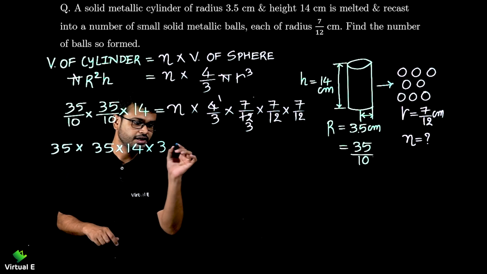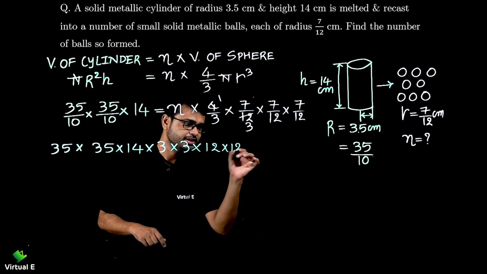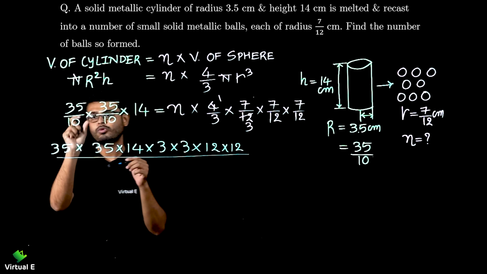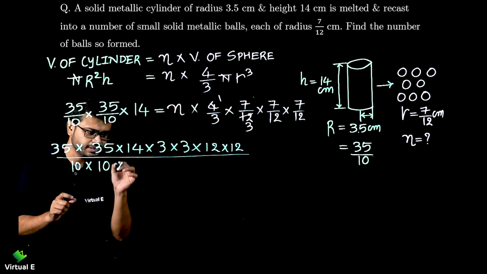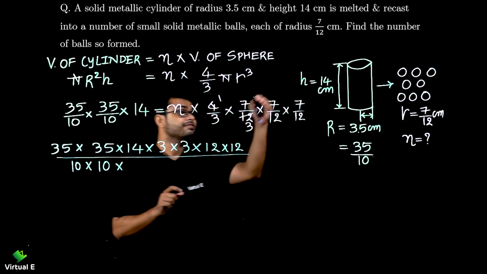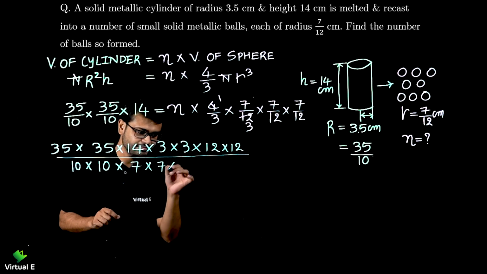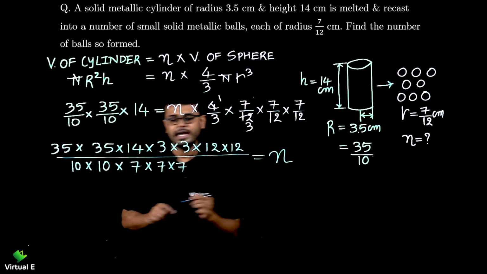That is 3 multiplied by 3 multiplied by 12 multiplied by 12. About the denominator, what is already there? 10 multiplied by 10 is already there. Now what will join here? 7 into 7 into 7, three times. 7 multiplied by 7 multiplied by 7 is equal to the value of n.